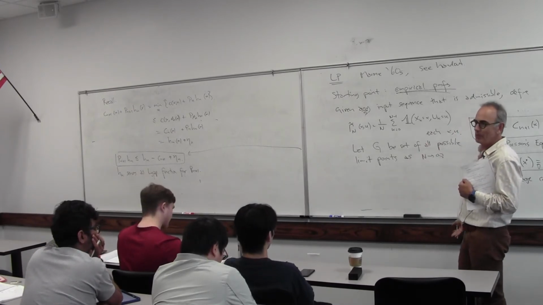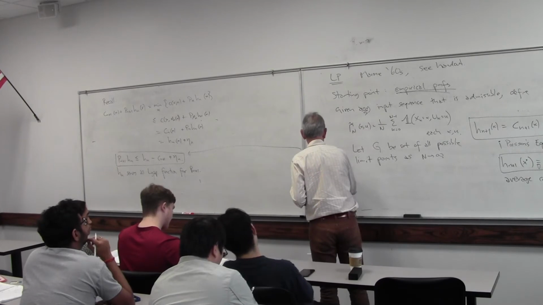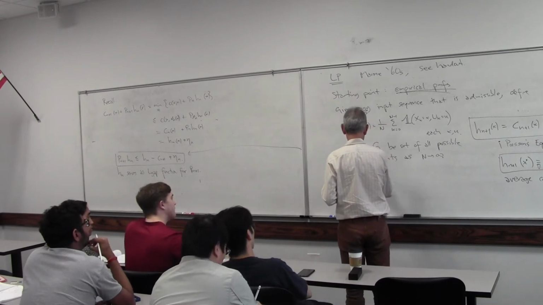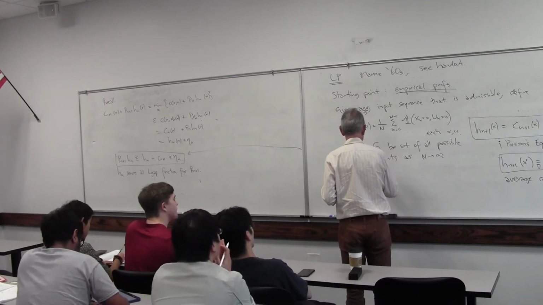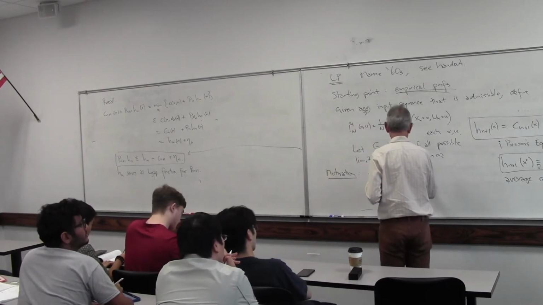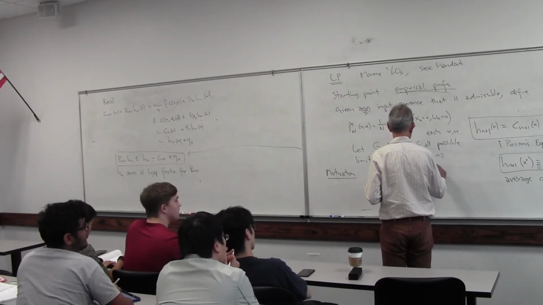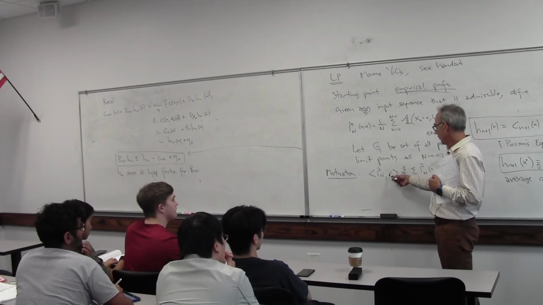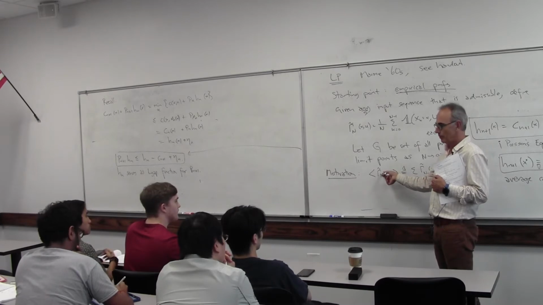But why would we care about this, everybody? If I take my cost function C and integrate with respect to this empirical distribution, what I mean by that is the dot product.